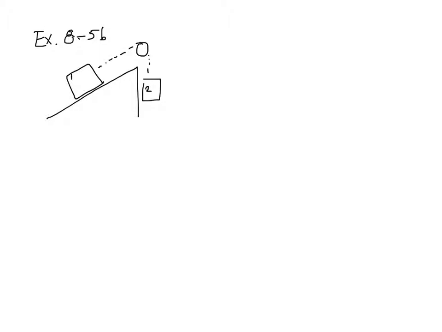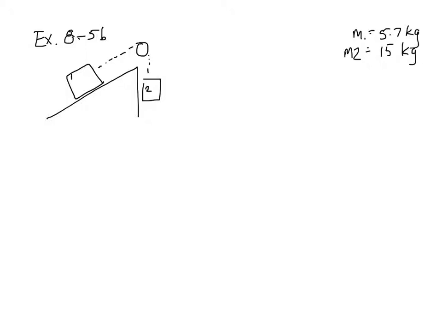Okay, so in part B, mass 1 is still 5.7, oh, not newtons, it's kilograms, right? 5.7 kilograms. Mass 2, I can't write today, is 15 kilograms.